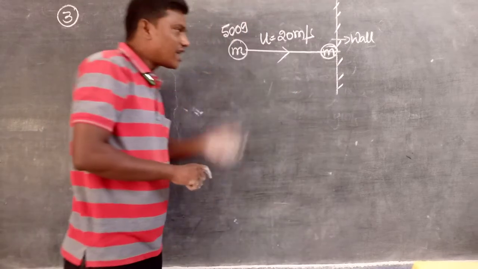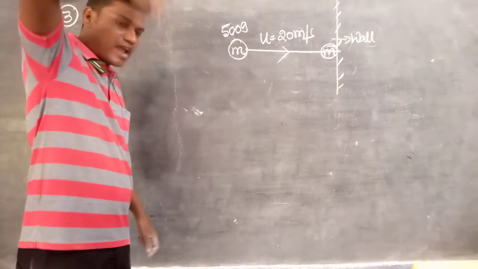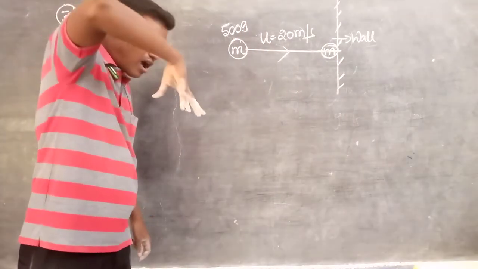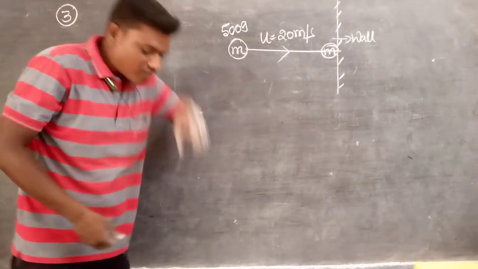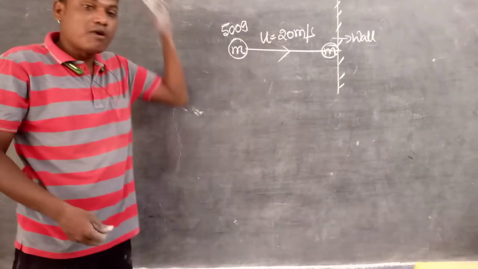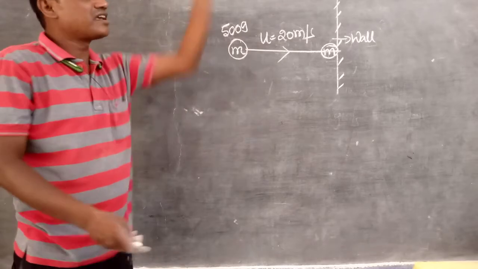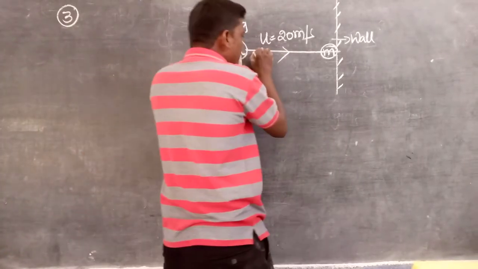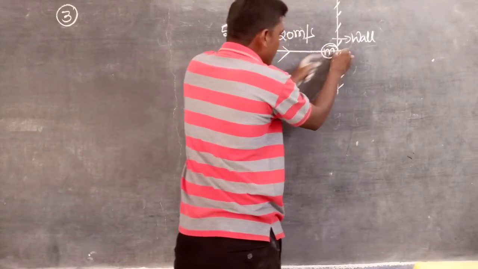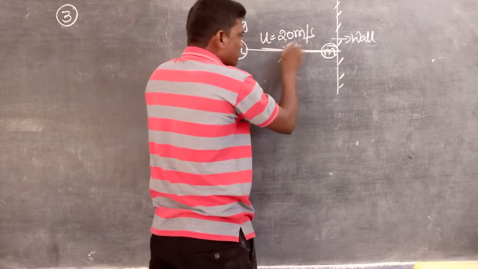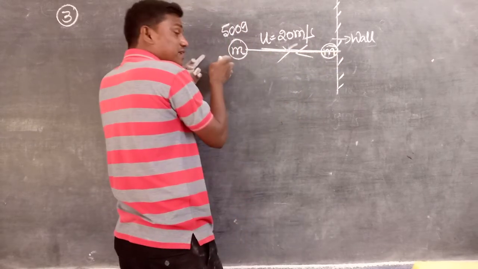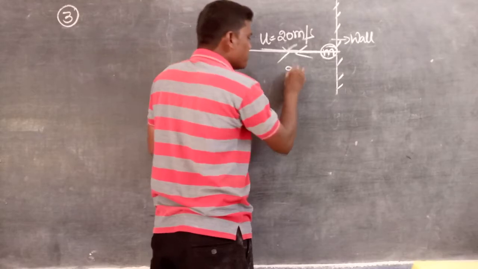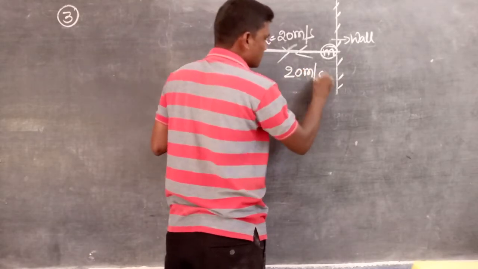We know the same concept: if you release a ball onto a horizontal surface, after falling it will rebound, or come back, in case of vertical mode. So when the ball touches the wall, it bounces back along the same path with how much speed? 20 meters per second.